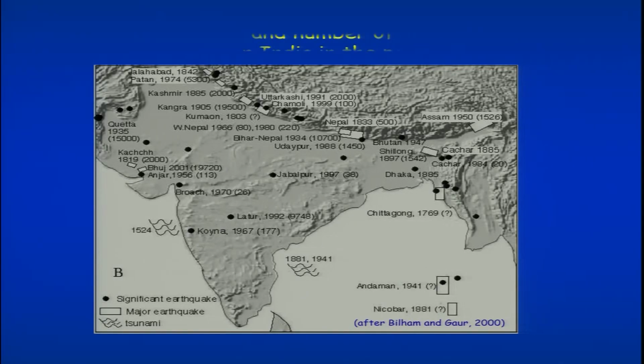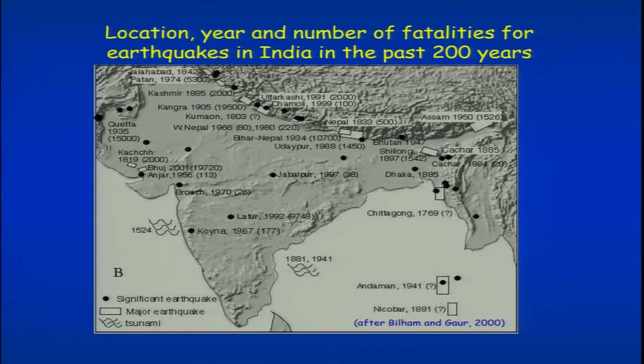So this map was published way back in 2000, which shows the distribution of earthquakes, and it can be clearly pointed out that this region, the most seismically active region, has hosted many large magnitude earthquakes as compared to the rest of the Indian plate.